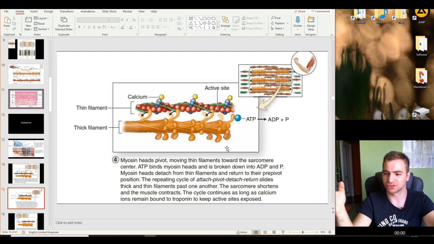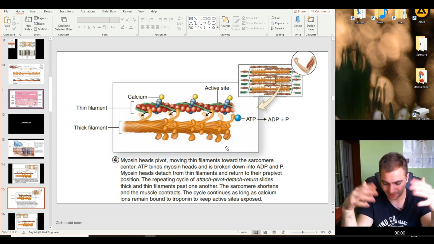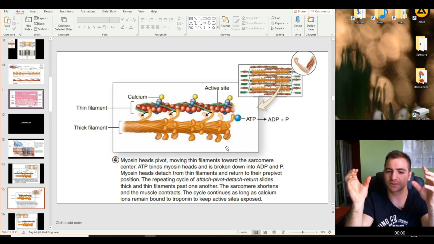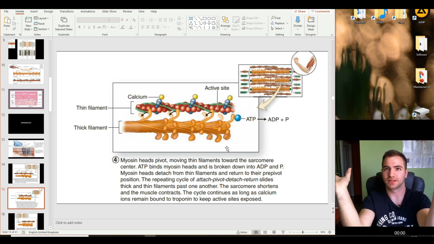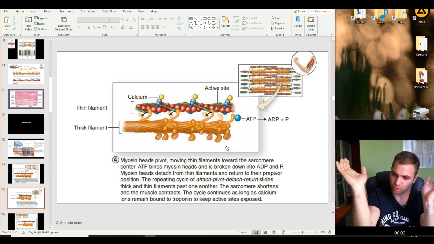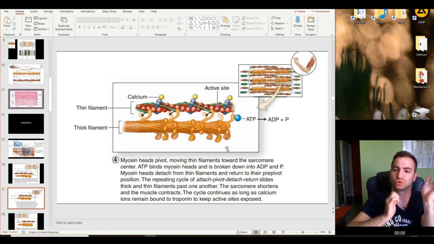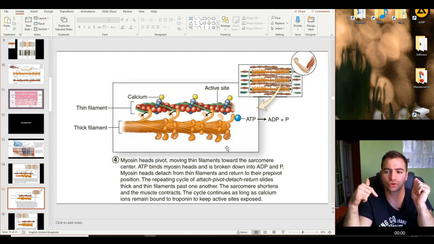So it attaches. The end result of this attachment is pulling actin to one specific location, in an inward motion. Of course, this inward motion is controlled by the ATP. We'll see how and why.